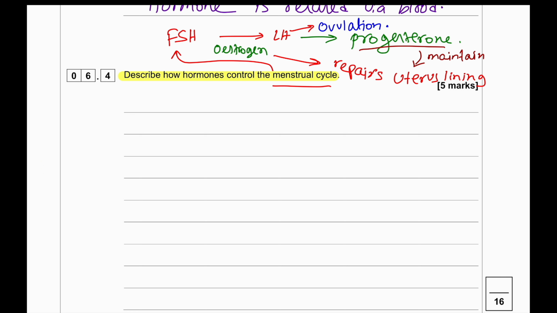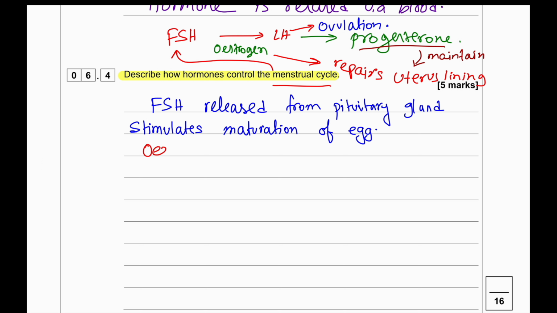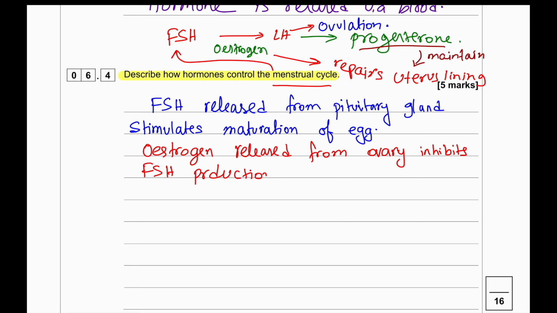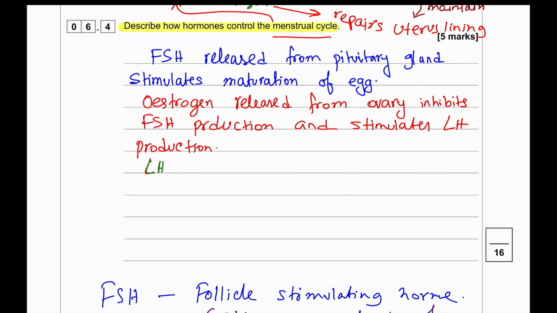FSH released from the pituitary gland stimulates the maturation of the egg, whereas estrogen released from the ovary inhibits FSH production. Now, this is inhibited because we do not want multiple eggs to be produced, and it stimulates LH production. LH is released from the pituitary gland, which stimulates ovulation, which is pretty self-explanatory because estrogen does not want multiple eggs to be matured and released, and LH is responsible for ovulation of the egg.